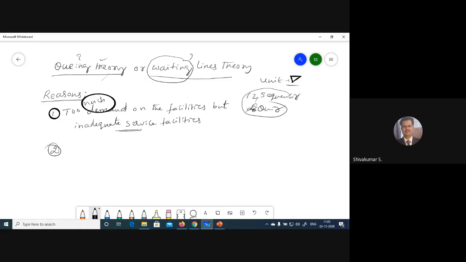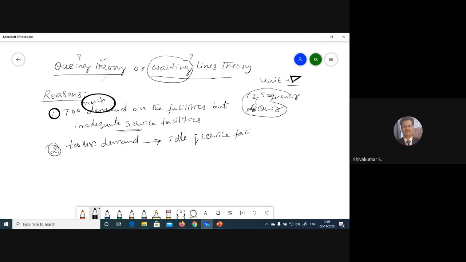Say for example, sometimes there is less demand, too little demand. There is no demand here. But what happens? This leads to the idleness of service facilities.